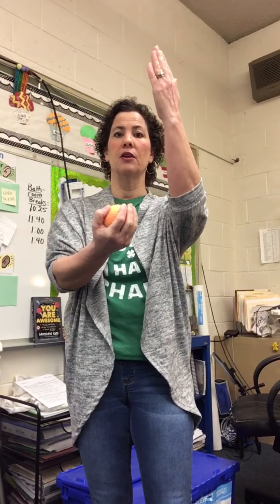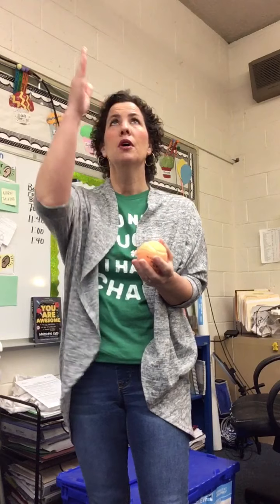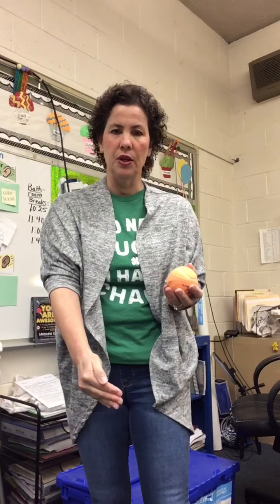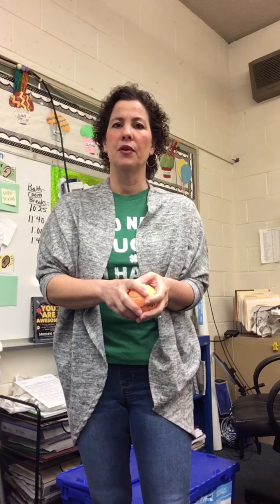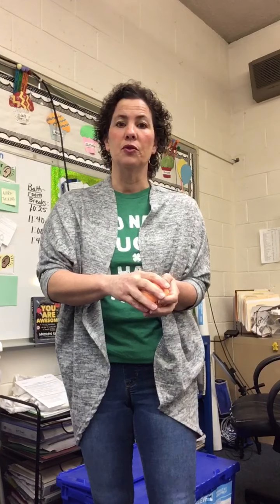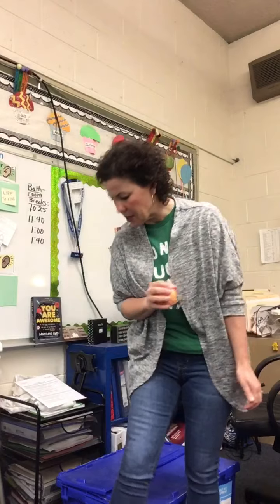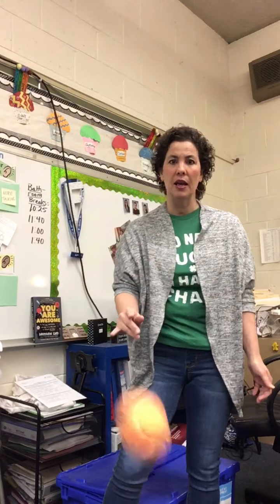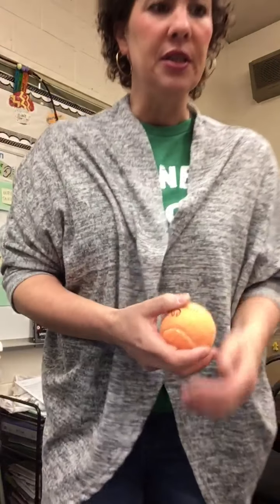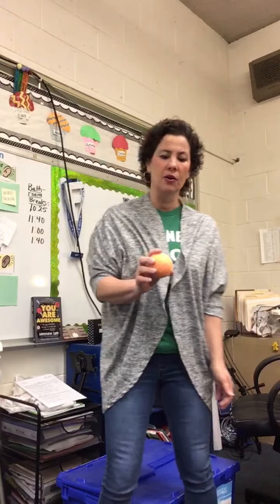Like our light in the ceiling right now in school is shining straight down, so it's going to bounce right back off of that flat, smooth surface, which is called the ground, and that's what this ball does. Now, if I were to stand back a little bit and bounce it at an angle, you could see that ball was going to actually hit the iPad because the ball is hitting the floor at an angle.